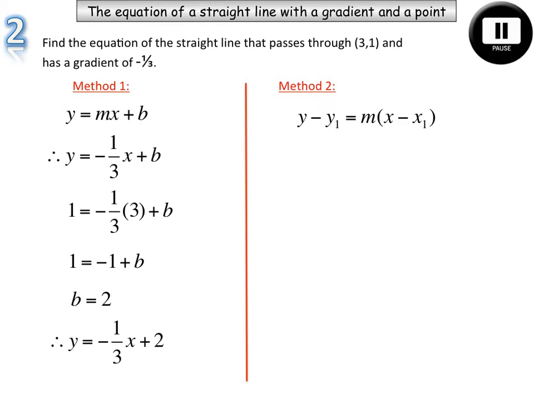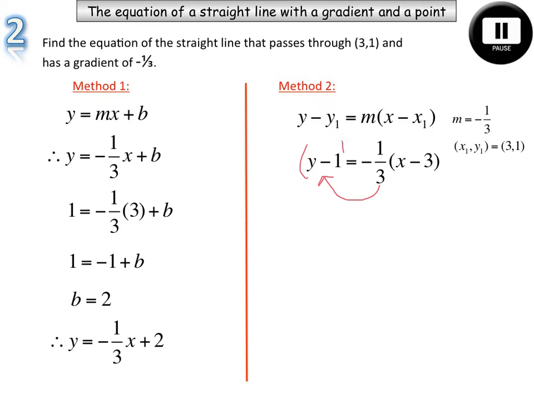Method 2, using our other form, substitute our three values in. Now when we get to this state, we need to get rid of the 3 on the bottom. When you've got a 3 on the bottom, to get rid of it, you multiply by 3 on the top. So we multiply both sides by 3.